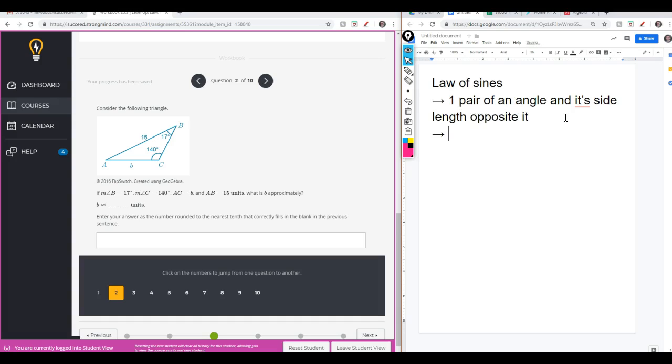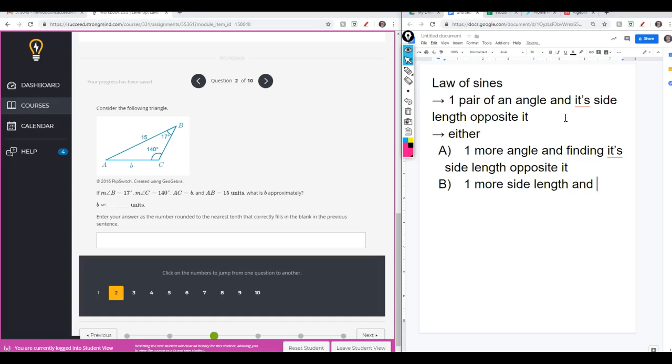And then you need either one more angle and finding its side length opposite it, or one more side length and finding the angle opposite it.